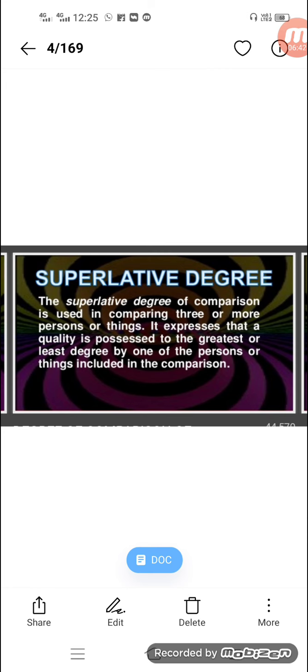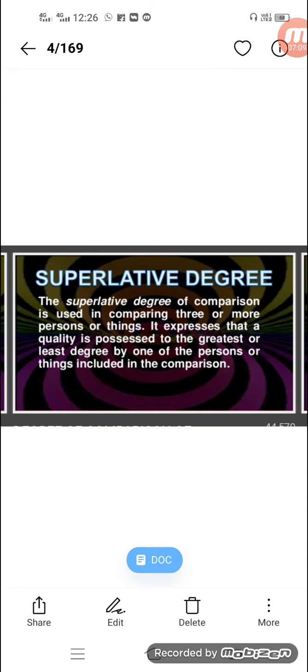In superlative degree, we have to compare more than two objects or two persons. For example, I am the most handsome of the class. Here it shows that I am comparing with more than two people. She is the most clever student in the class.